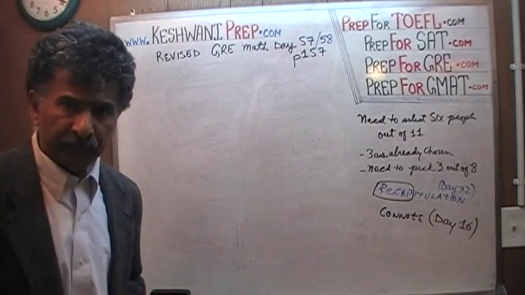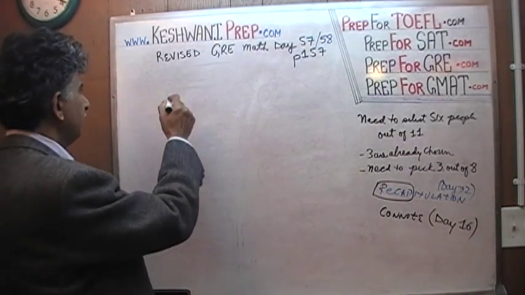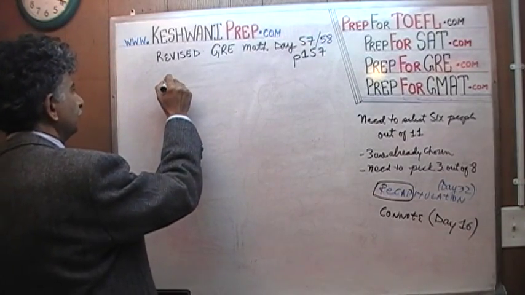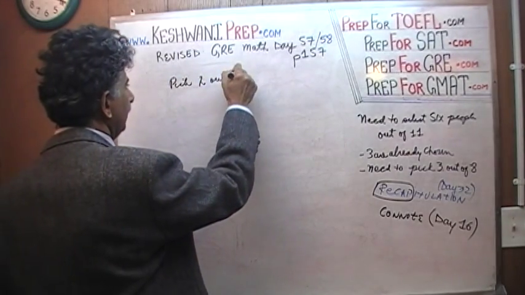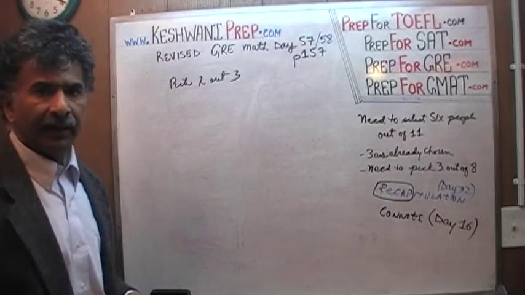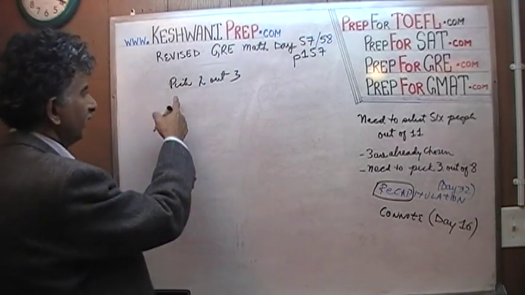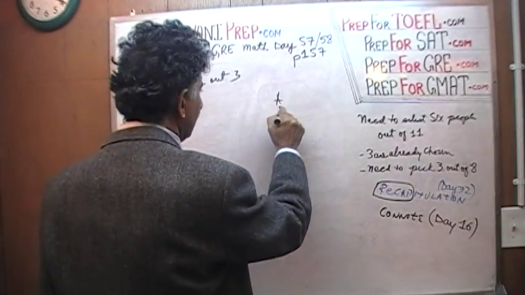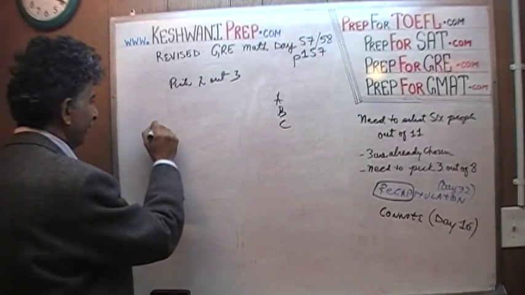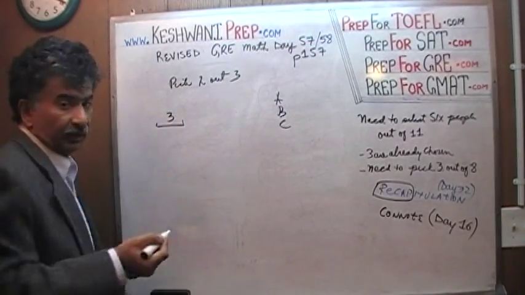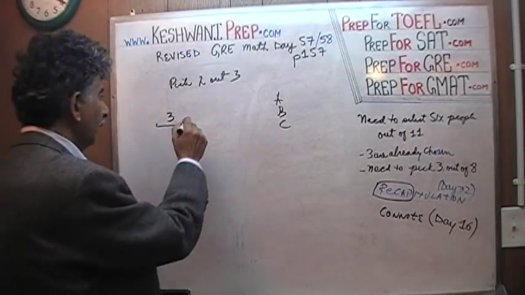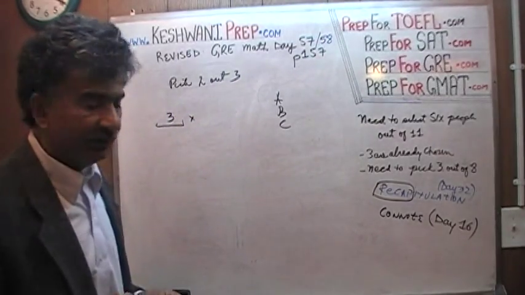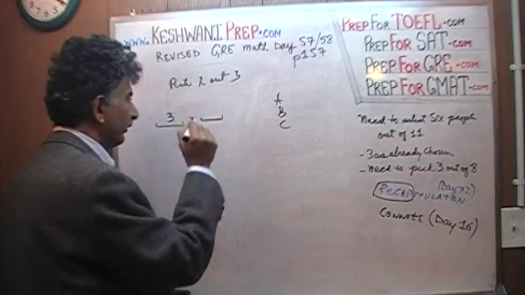If we have to pick two people out of three, let's say we have three people, A, B, C, pick 2 out of 3. On the surface, if you ask me how many different ways I can pick a first person, the answer is 3, because I can pick any one of those three people. After having chosen the first person, how many different ways can I pick a second person?